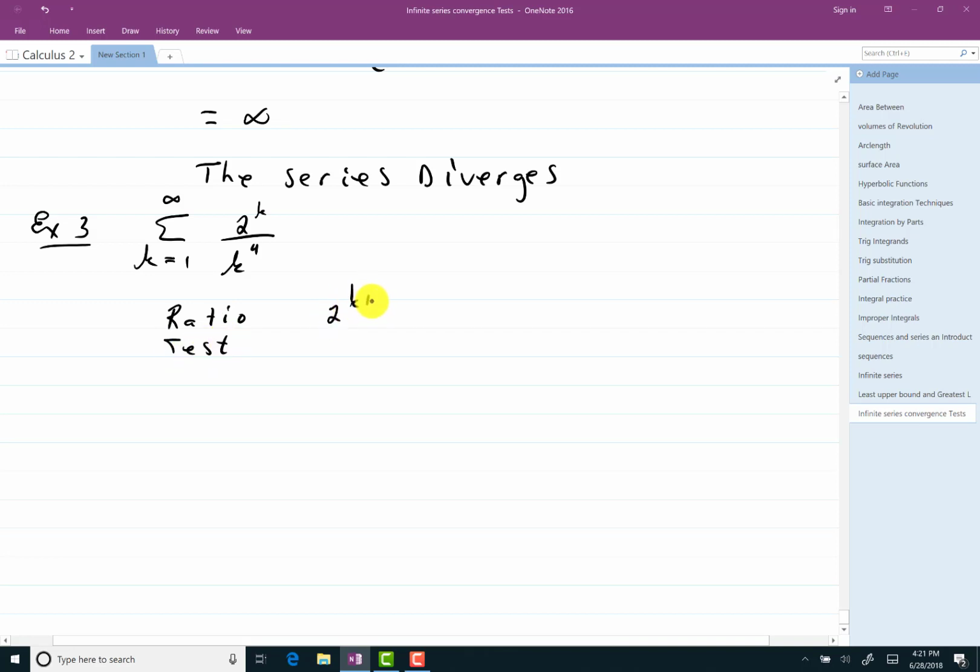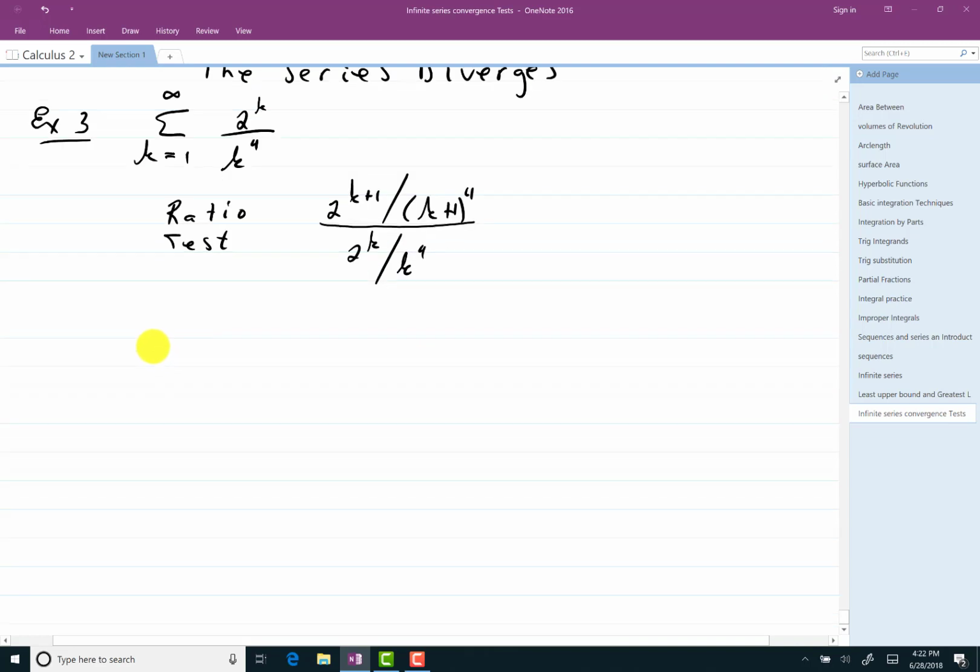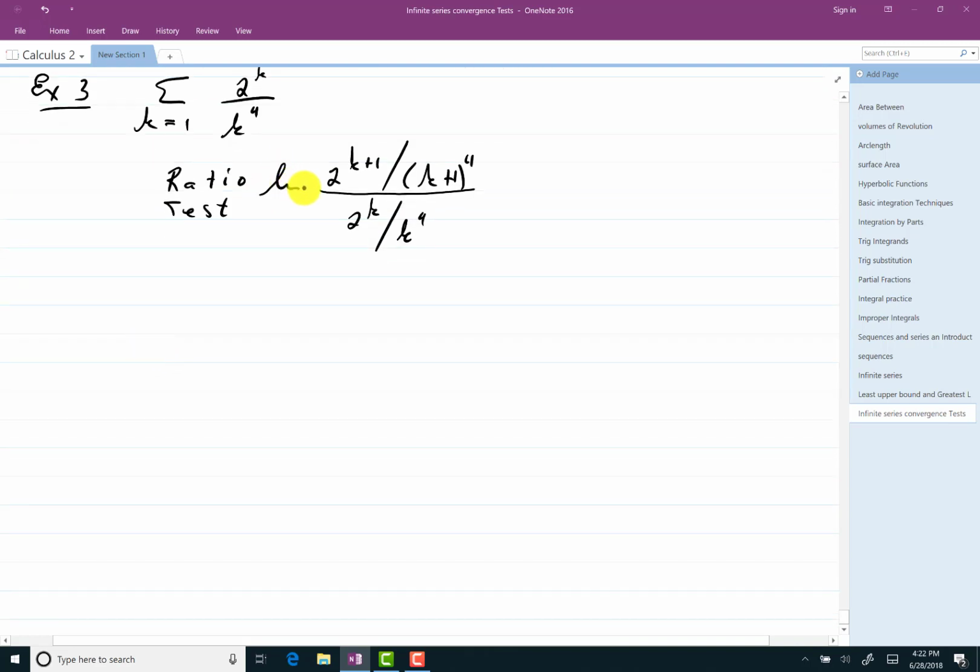As before, I'll take the k plus 1th term all over the kth term, and then figure out these fractions. I don't know why I keep forgetting that. This fraction will be 2 to the k plus 1 all over k plus 1 to the 4th, times k to the 4th all over 2 to the k.